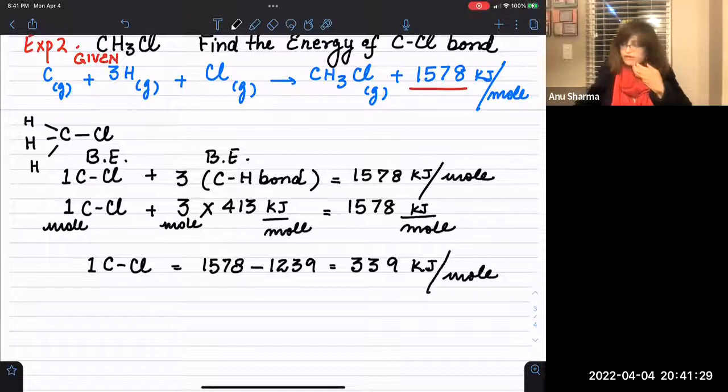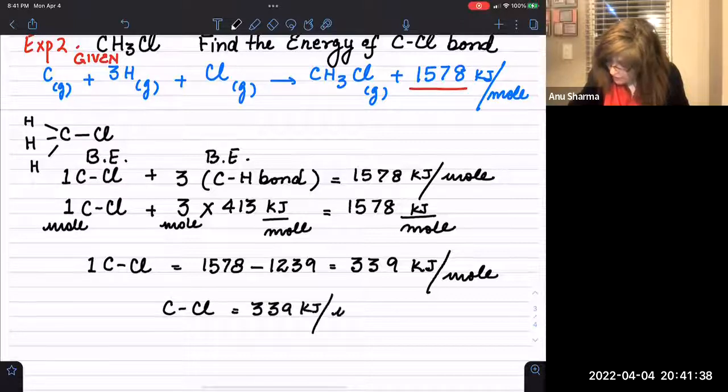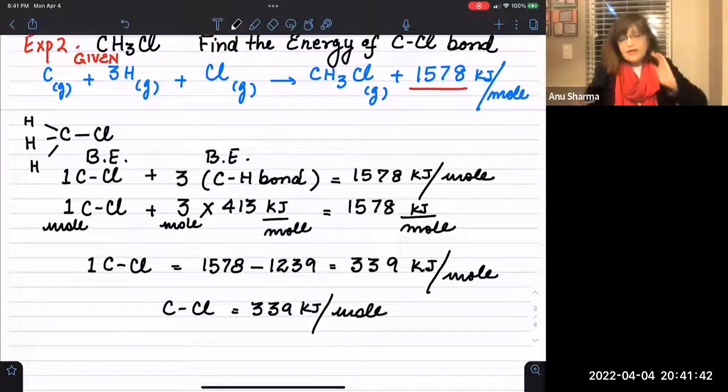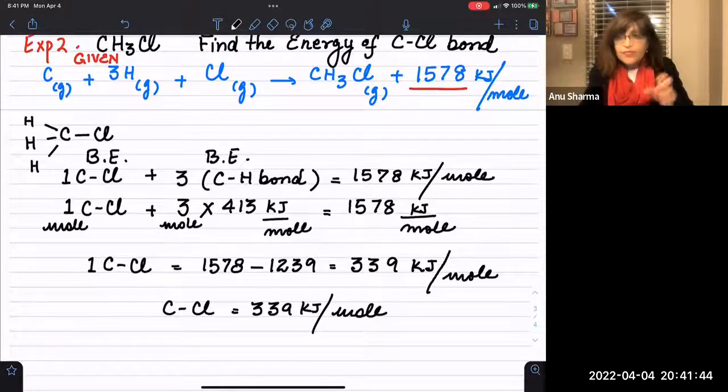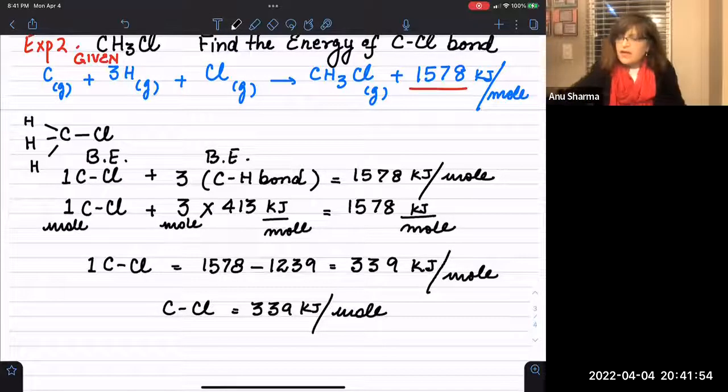Okay, so the value of the carbon and chlorine bond is 339 kilojoules per mole. So you see here that some of the bonds we can determine directly, and the other ones we need to find out by these methods. All right, so this is one piece. Now let's look at another example.